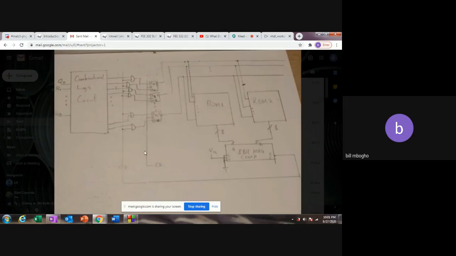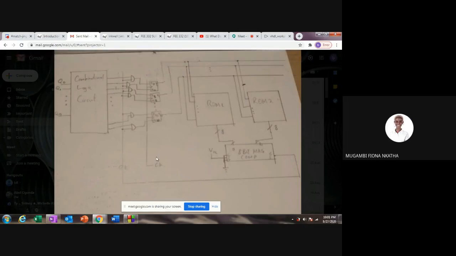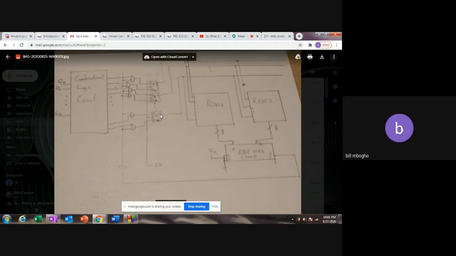One input of the AND gate is the clock, the other input is this equal sign. The output of the clock AND is what's going to clock these JK flip-flops.